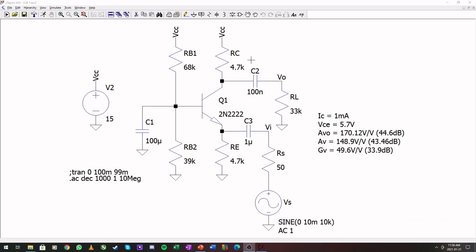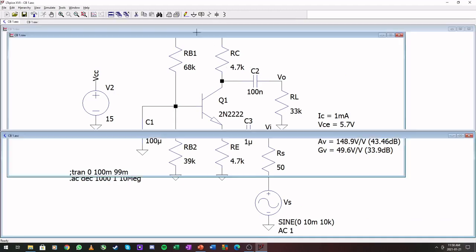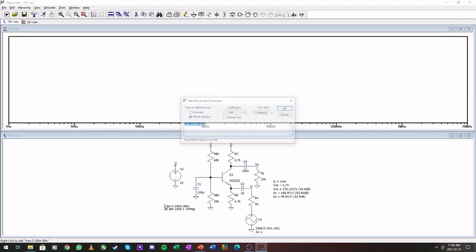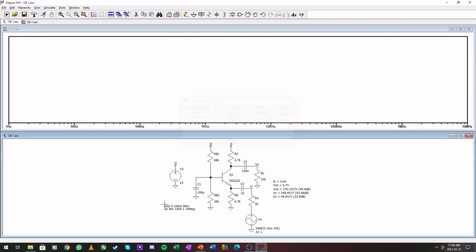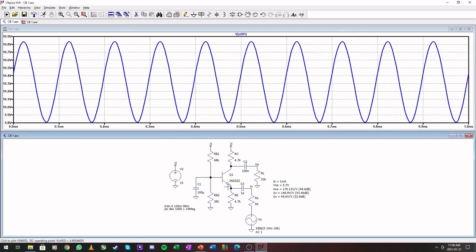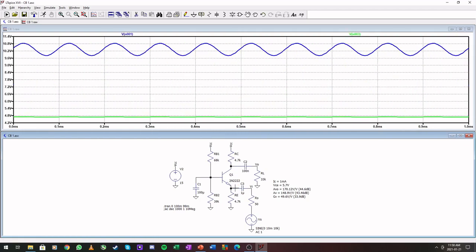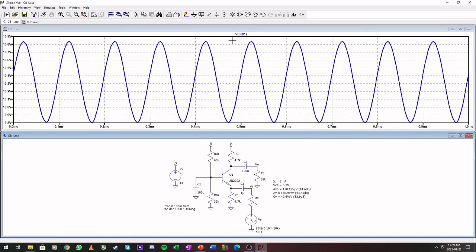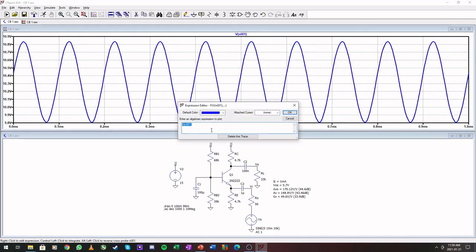Okay, so with this first one, we can check the bias. We started with the AC simulation, sorry. We can check the bias just to show you that adding the extra components or changing the amplifier type had really no difference in our bias.